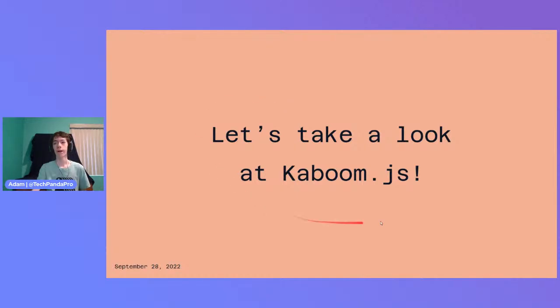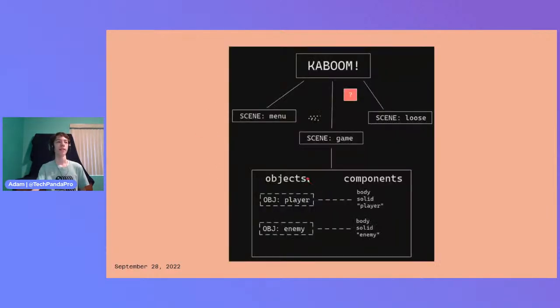So let's talk about Kaboom Js. Kaboom Js implements both the things I talked about just now. So we have Kaboom, right? This is your overall little world where you have Mario and the enemies and all of that good stuff.